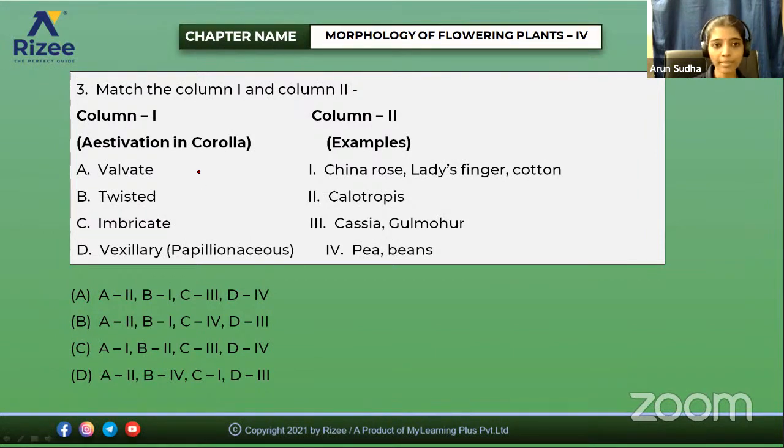So why is it option A? Valvate, example is Calotropis, and twisted, the example is China rose, lady's finger, and cotton. And imbricate, it is cassia and gulmohar, and vexillary, pea and beans. So A, 2, then B, 1, then C, 3, then D, 4. So it correlates with option A. Okay.